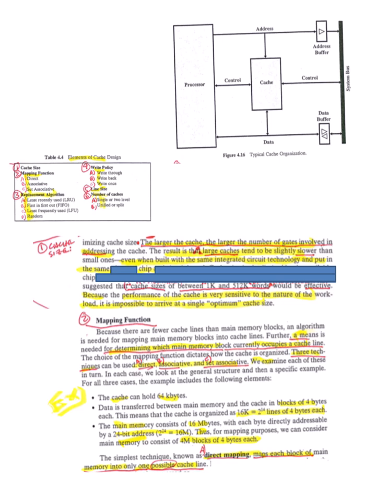Now, a bigger one will have a larger number of gates, which we're going to see why in a minute, and can also be a little bit slower. So there's an optimal size. The caches get bigger and bigger over time, of course, but so does main memory. No matter how big our main memory gets, we tend to use it up. So we always need a smaller, faster cache.